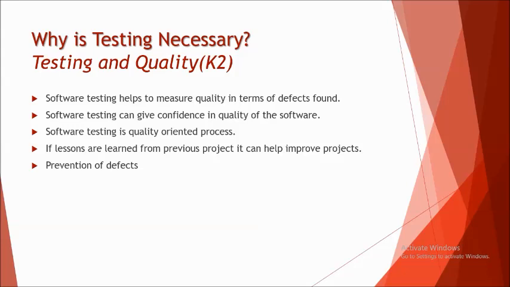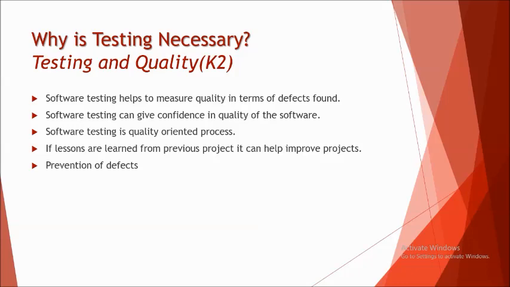Software testing is a quality-oriented process, so it helps you build quality in the system. Lessons learned from previous projects can also help improve the project, that is, prevent defects. You can bring back the knowledge and experience from similar previous projects you have dealt with, recalling the common mistakes you made or the common defects you found.